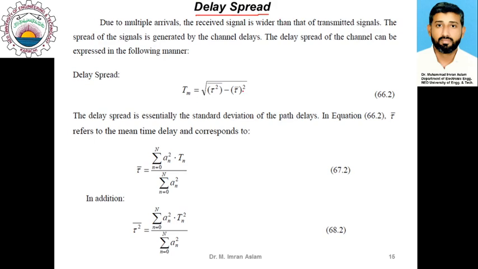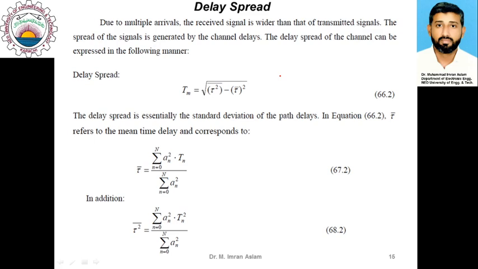Delay spread is the standard deviation of the total delay. This is the formula of standard deviation: the second moment minus the square of the first moment. This tau is the delay. If you calculate the standard deviation of all the delays in the channel, that will represent the delay spread.